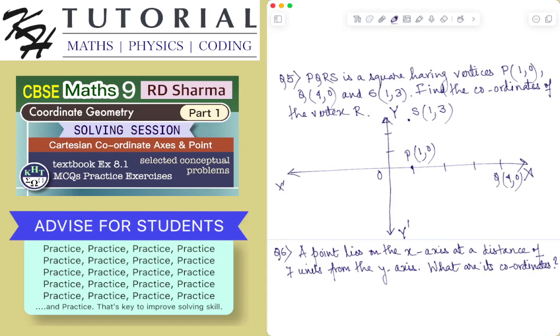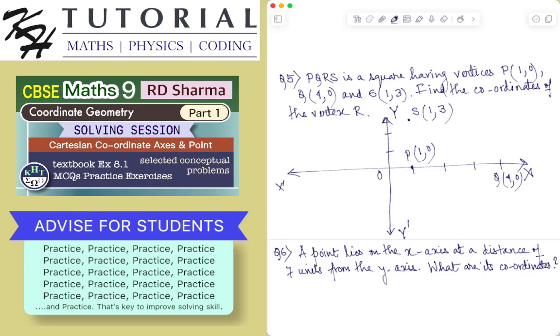Okay, so we have to find the coordinate of the vertex R. Clearly the vertex R is the vertex opposite to the vertex P, and so definitely the vertices R and S should be at the same distance from the x-axis. So the ordinate of the vertex R will also be 3.